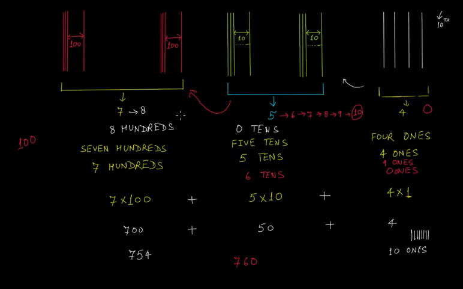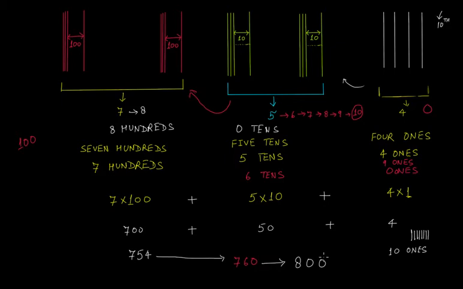800, right? So now if we reach this point, 760, and after bringing 10 such bundles, this will become 8 hundreds, therefore this will be 8. This is 0 tens, so 0, and this is 0 ones, so this is 800.